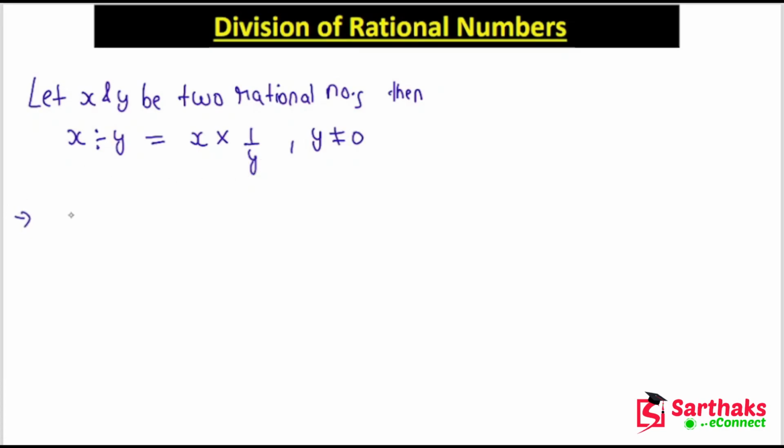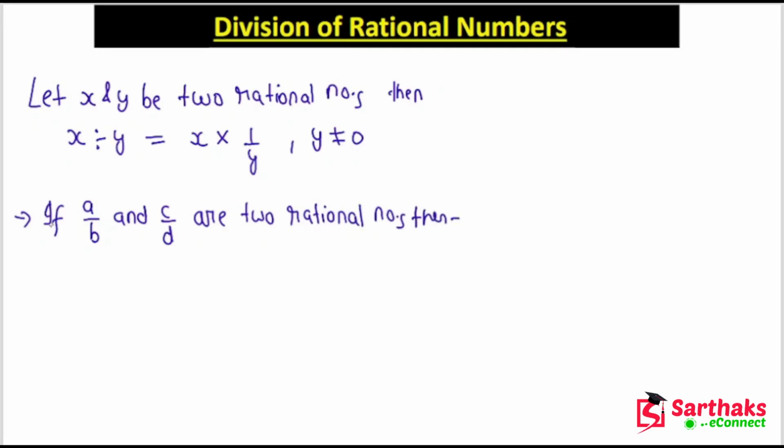Similarly, we can also define division of rational numbers in the fractional form. That is, if a upon b and c upon d are two rational numbers, then a upon b divided by c upon d is equal to, according to the definition, a upon b multiplied by the reciprocal of c upon d.